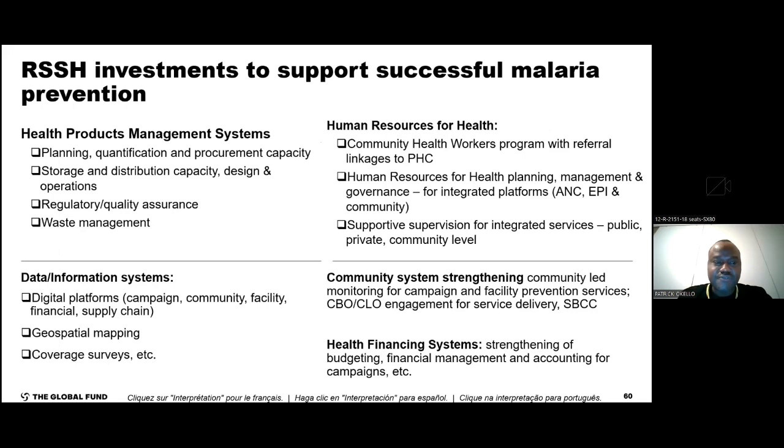And this will touch on 4 elements: the health products management, which takes you to quantification, planning, regulatory systems, the human resources for health, and for malaria, we work from community level through the health system, the private sector, and all those levels, and data systems, and we're encouraging a lot of this in terms of using data for digitalization of campaigns, of supply chain, geospatial mapping or coverage surveys, and very, very much importantly, the community systems that underpin most of the malaria prevention and case management services.